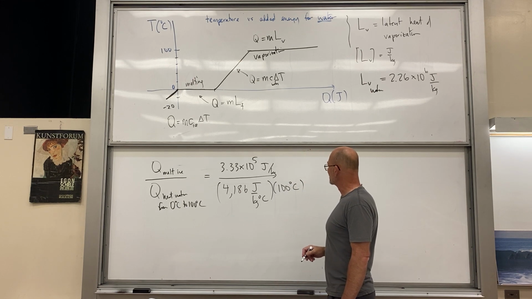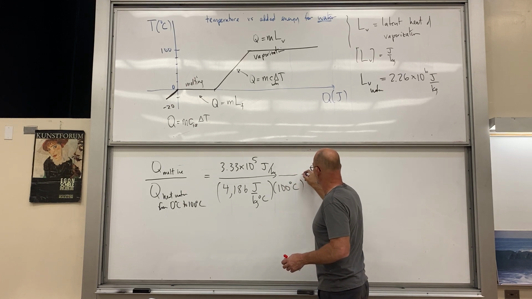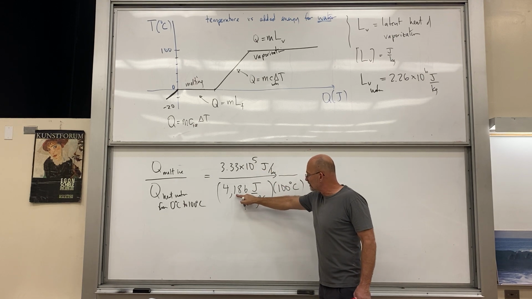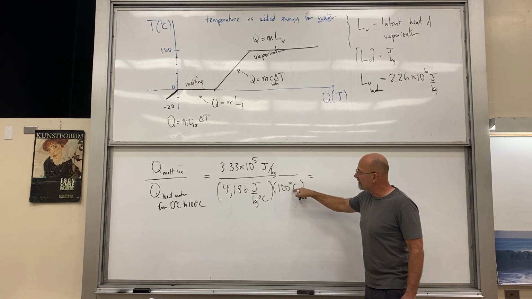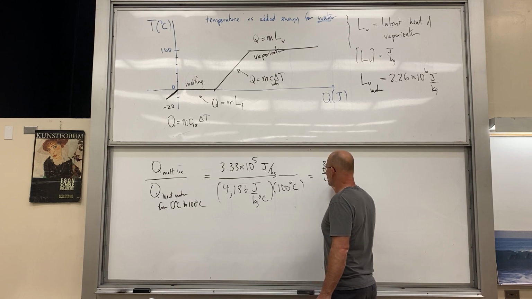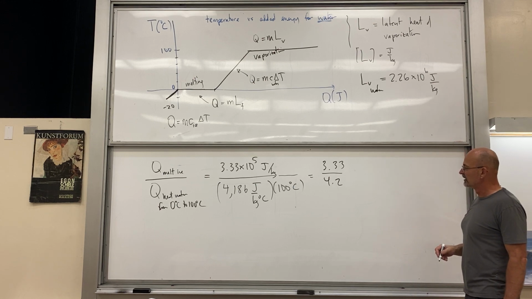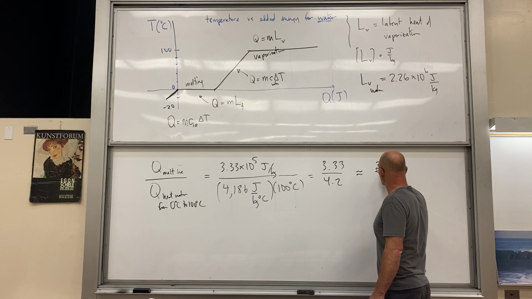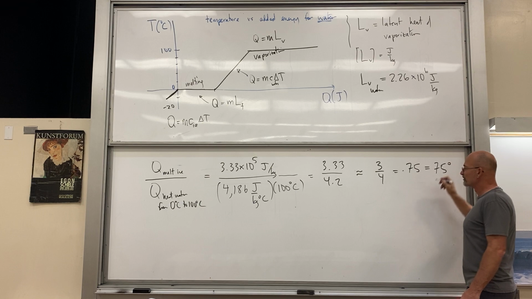I should have put the formula here first. I'll put it after. Those are the numbers. So that's 3.33 times 10 to the 5 divided by 4.186 times 10 to the 5. So that is 3.33 divided by 4.2, rounding. You'll notice all the units cancel, so that's approximately 3/4. 0.75, 75%.